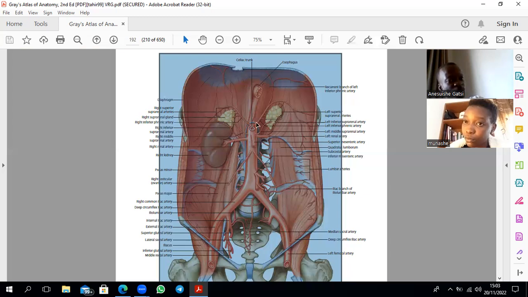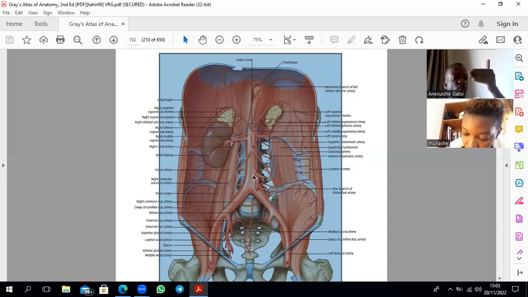This is our aorta here. The easiest way to describe the aorta is to group the branches. Number 1, there are 3 anterior, that are coming from the anterior surface of the artery. So there are 3 anterior visceral branches.